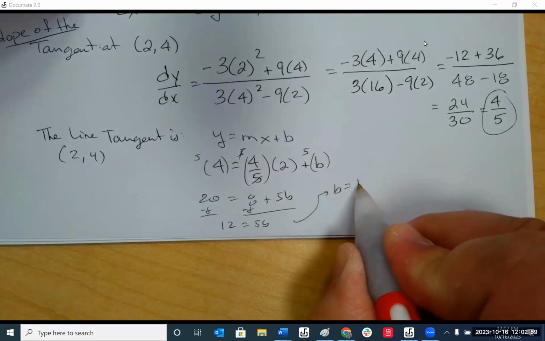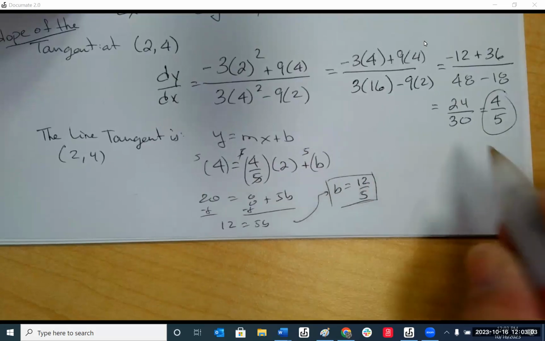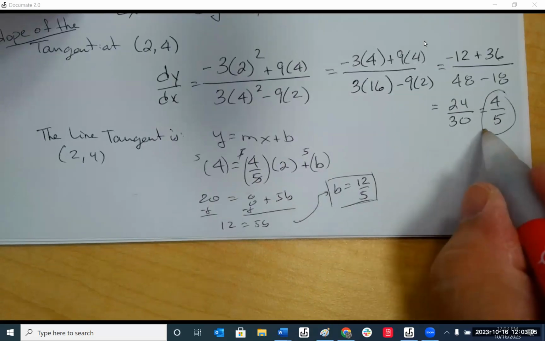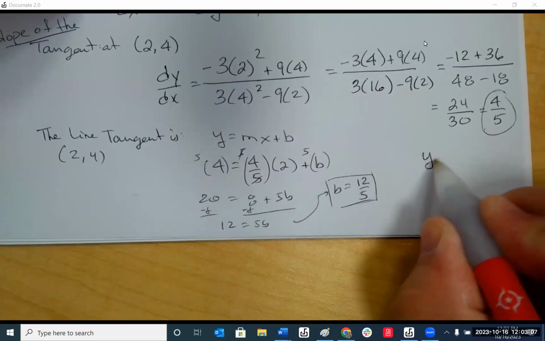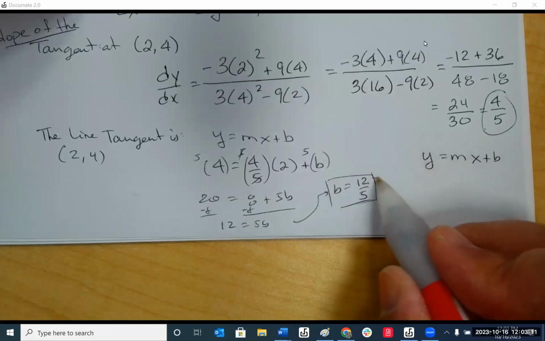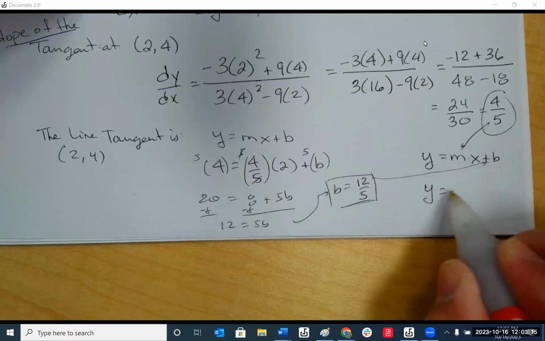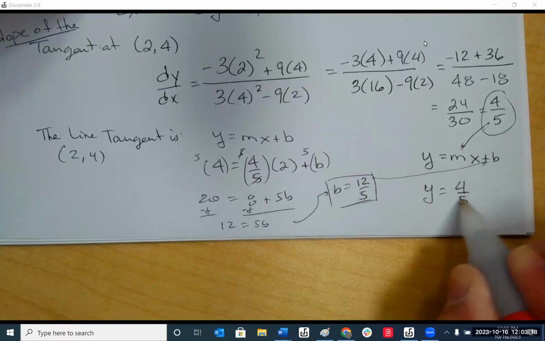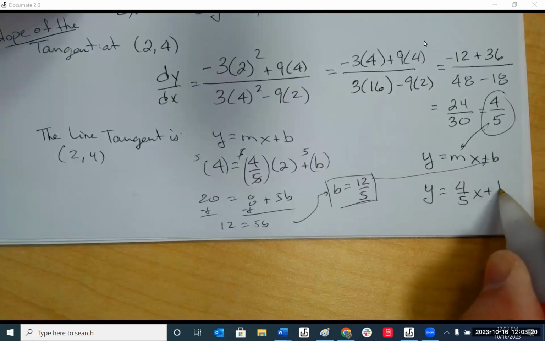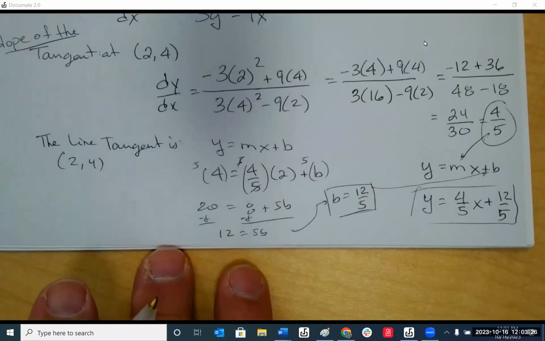So b equals 12 over 5. So y equals 4 over 5x plus 12 over 5. That's the equation of the line tangent.